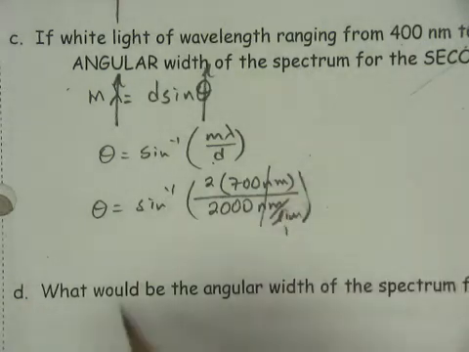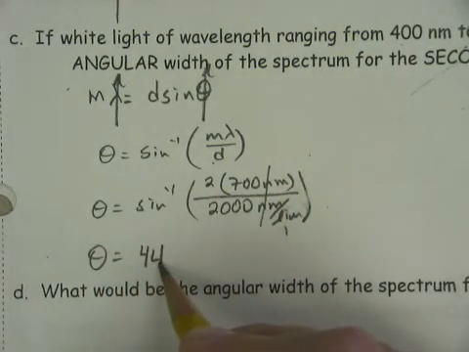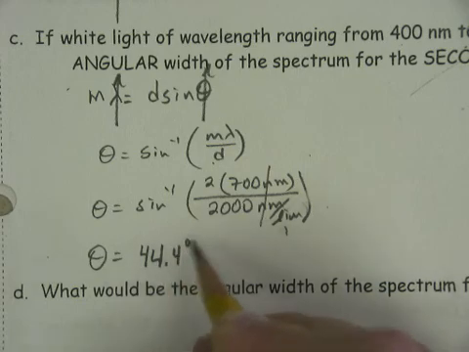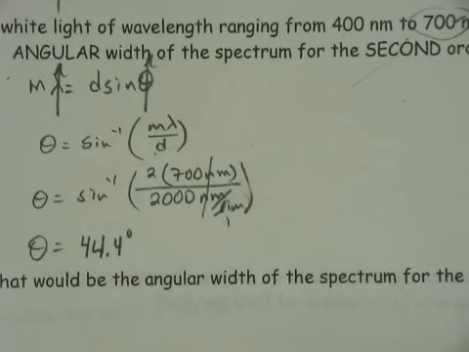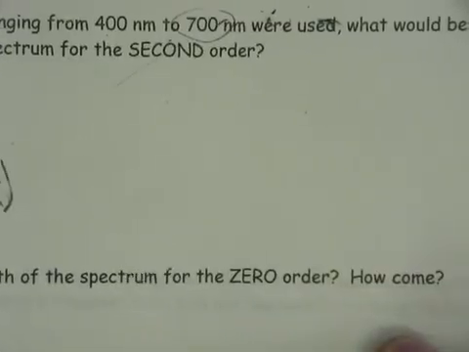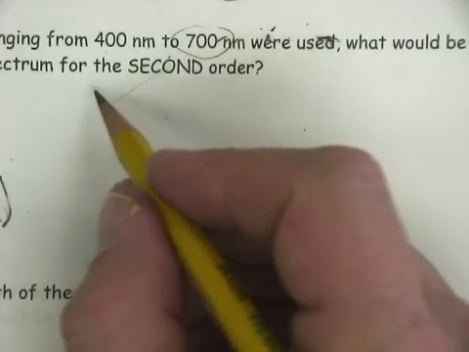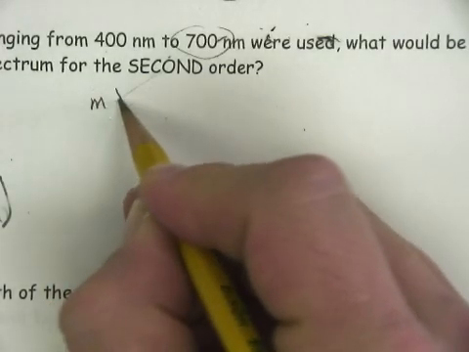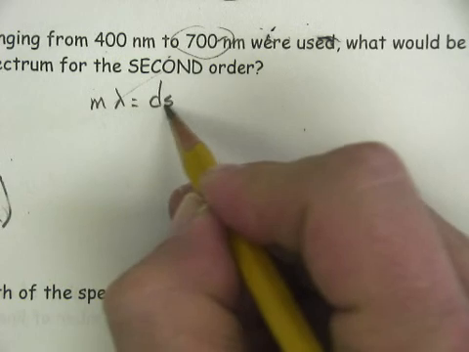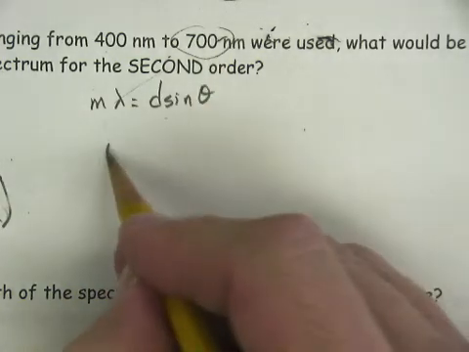All right, again, my nanometers cancel out, and if I plug this into the calculator, I should get 44. You can verify this if you like. 44.4 degrees. All right, I'm going to do the same thing now for the shorter wavelengths, the bluer side of the spectrum. So m lambda equals d sine theta.